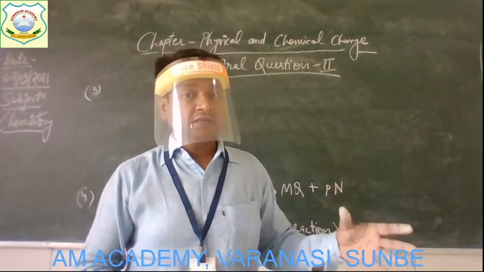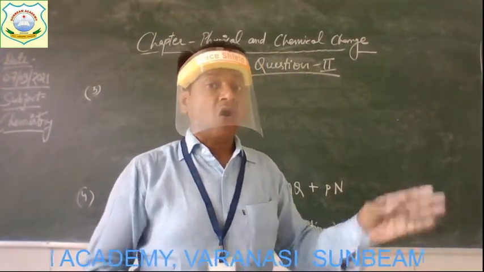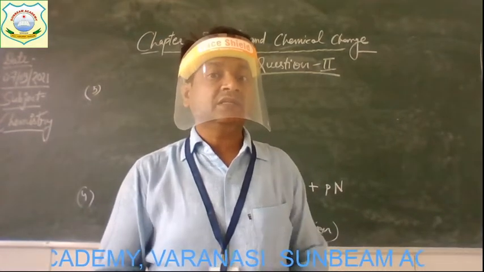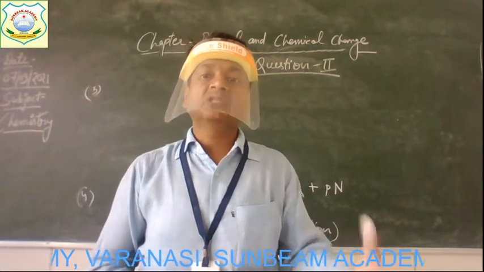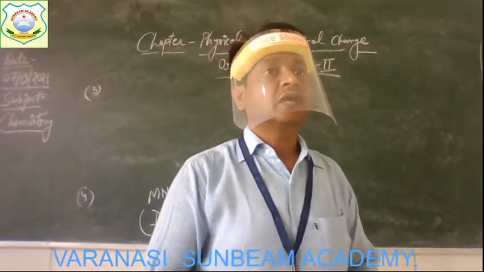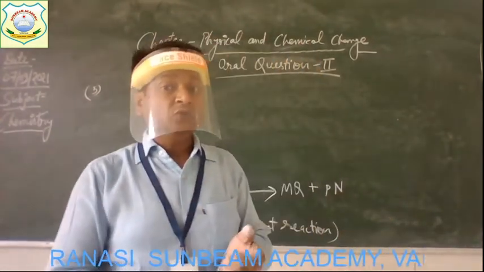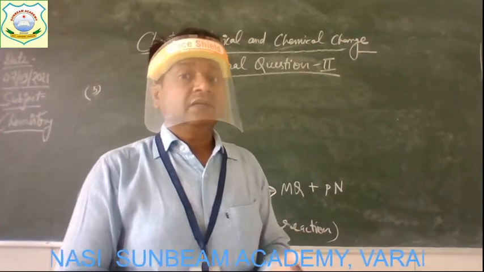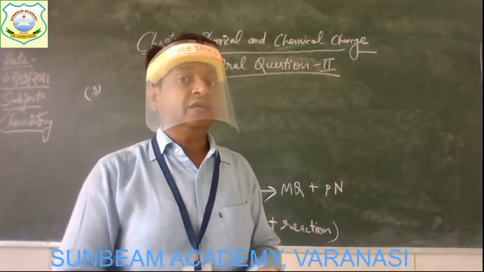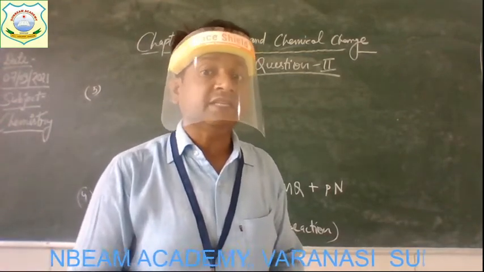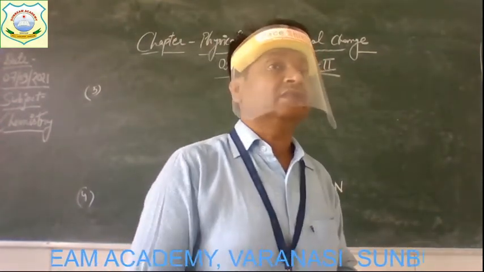The statements are: oxygen is added to it, hydrogen is removed from it, or both are true. You have to choose that. Which of the following is true for a substance that is oxidized?